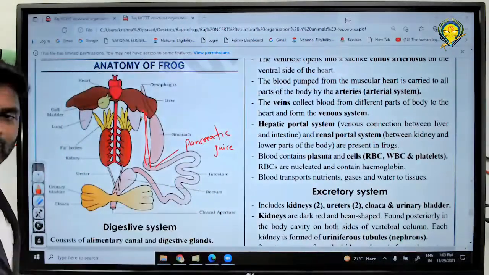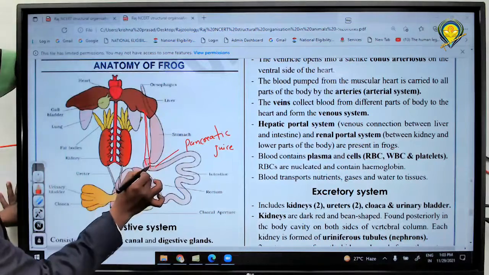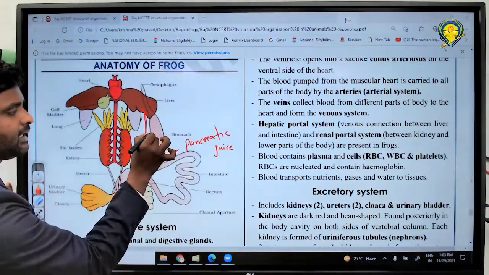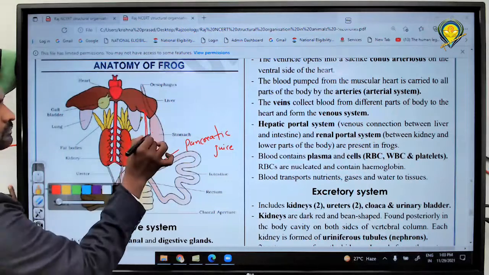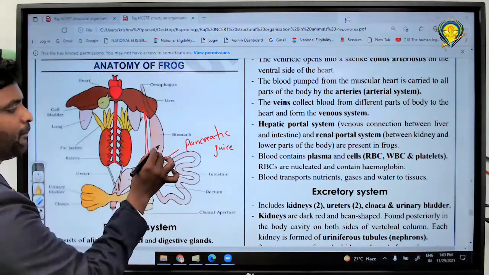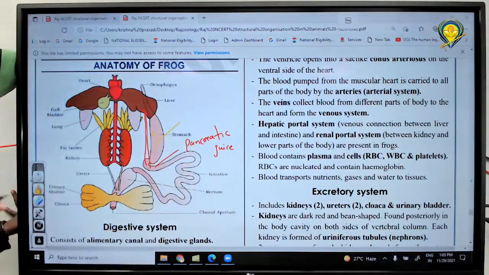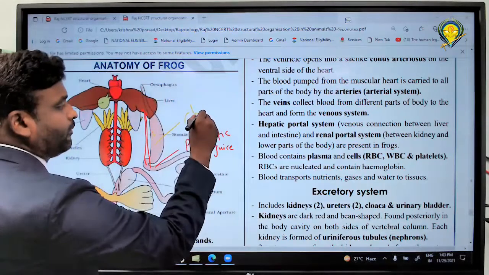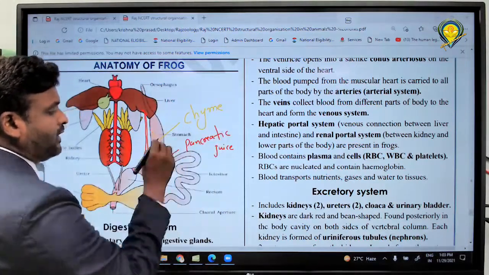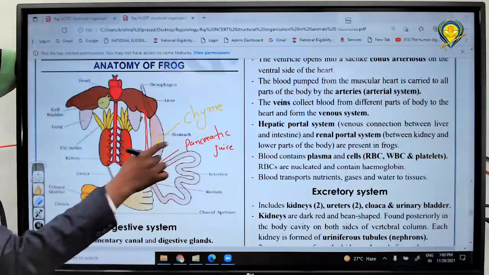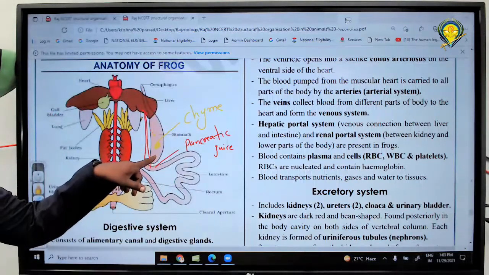And the next one. When food enters the duodenum, definitely here HCl and gastric juice are present. The partially digested food is called what? Chyme. The chyme should enter into where? Duodenum, the intestine part, right?